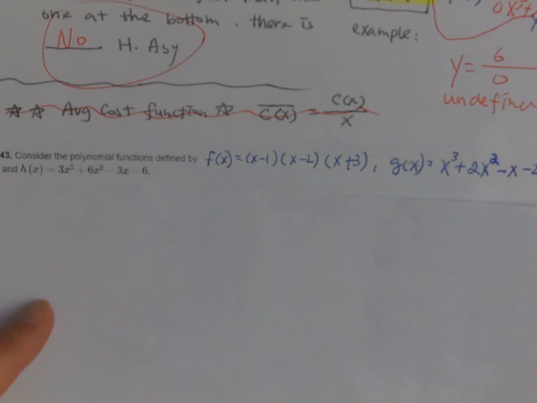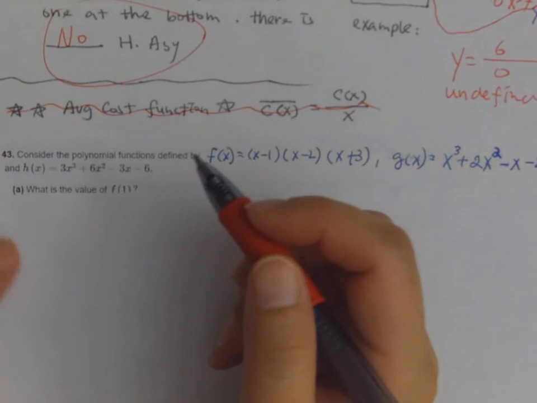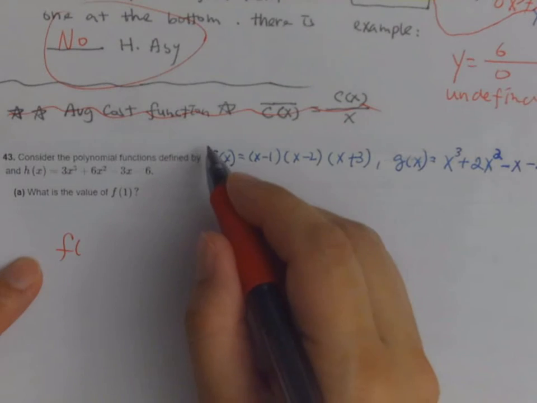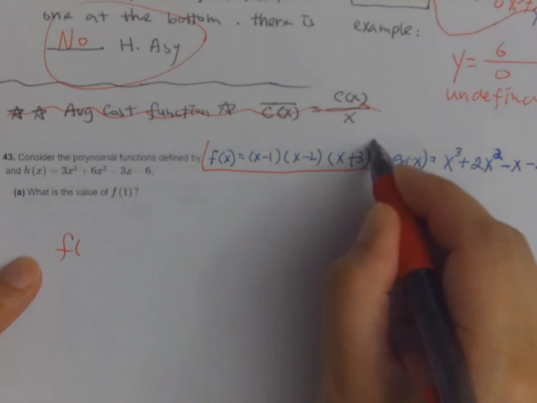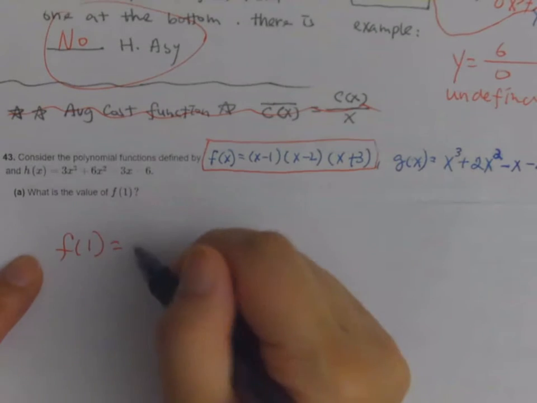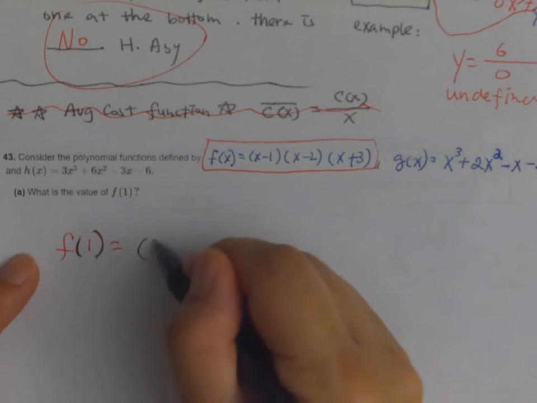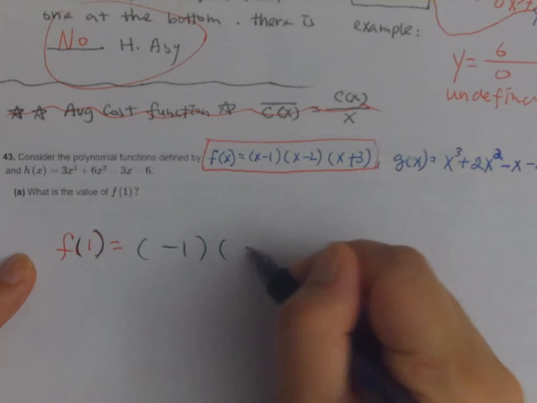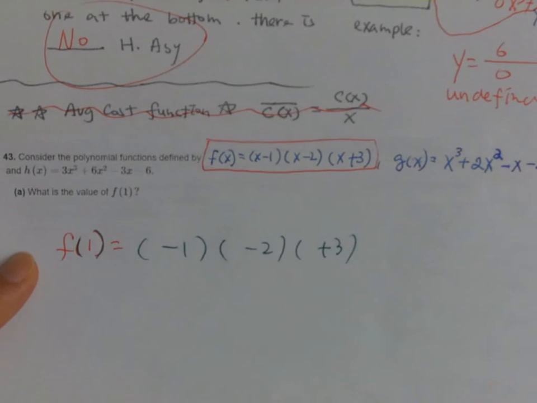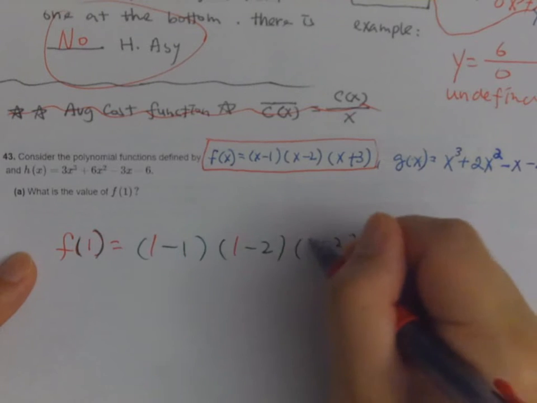Let me get some paper. If I have f of x is this, and I plug in 1 as my x, I put in 1 here, 1 here, 1 here.